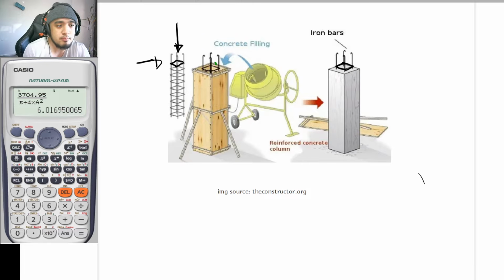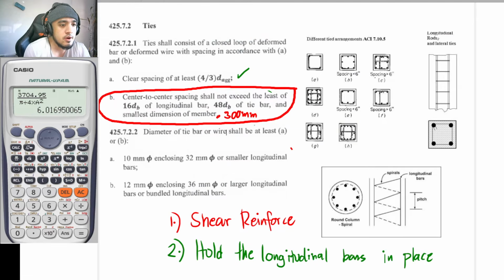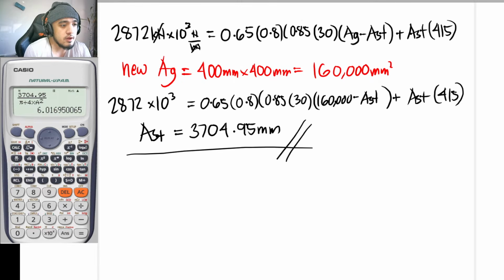So once again, by provision, we must provide them for our main rebars not to be misaligned during concrete filling or concrete pouring.